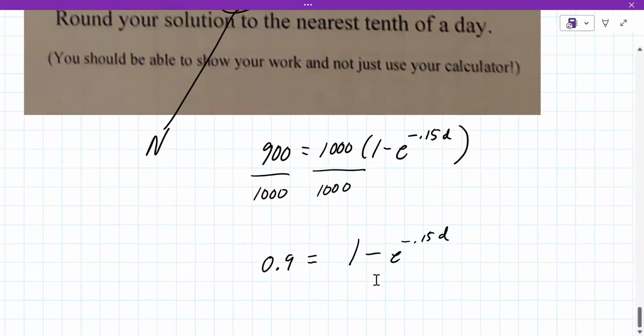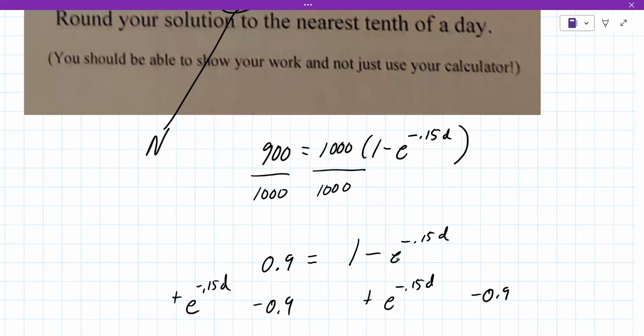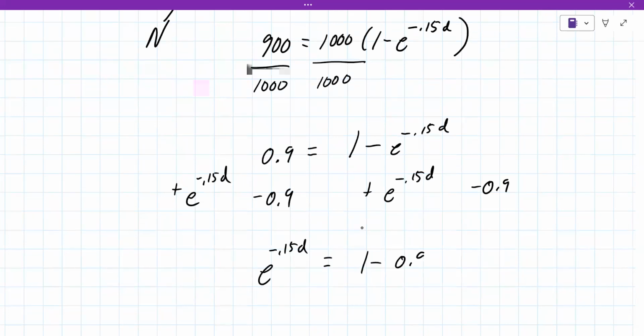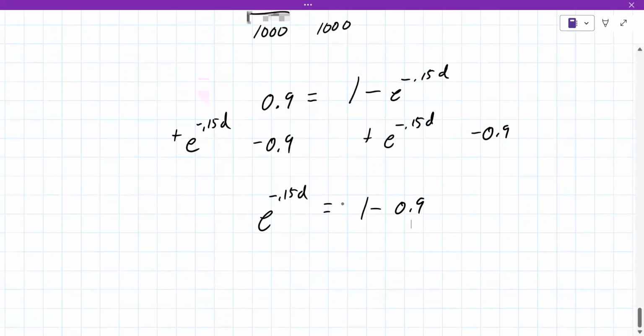You essentially want to switch sides. You add e to the negative 0.15 d, and you subtract 0.9. So on the left, it's e to the minus 0.15 d equals 1 minus 0.9, which is 0.1.